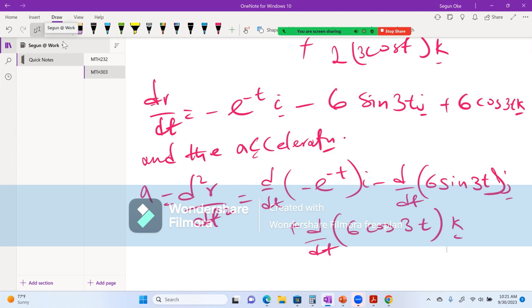If you differentiate it again, what do we have? We have positive e^(-t). Do it in your note. So what do you have?